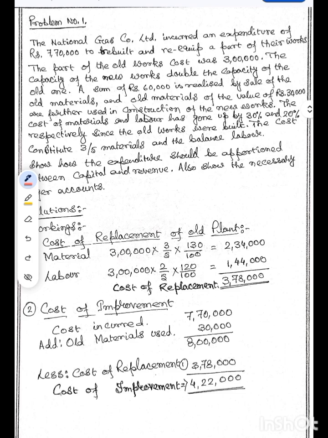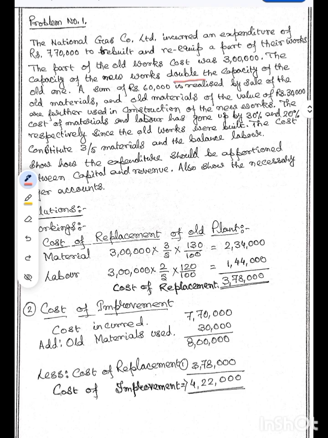The National Gas Company Limited incurred an expenditure of 7,70,000 to rebuild and re-equip a part of their works. The part of the old works cost rupees 3 lakhs. The capacity of the new work is double the capacity of the old one.